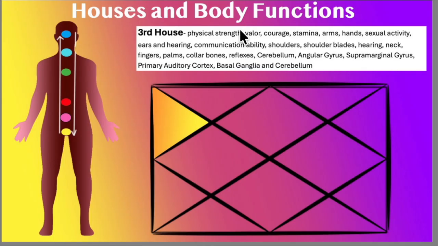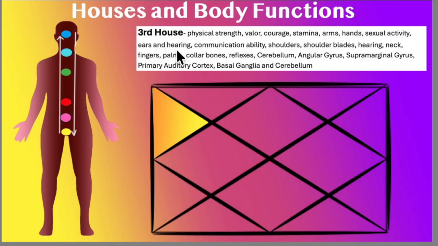The third house is your physical strength, your sense of valor, courage. It's basically your arms and your throat put together, you might say. Arms and hands. Your sexual activity, the beginnings of the sexual activity also is denoted in the third house.